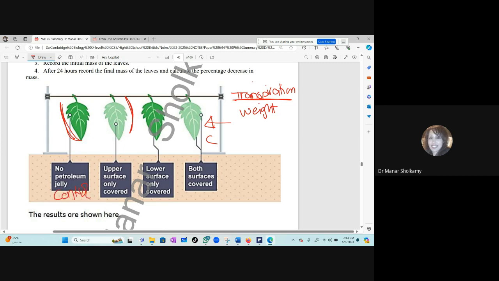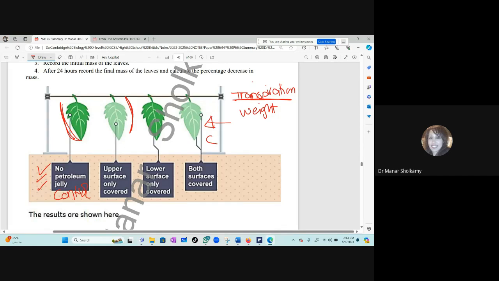Now, we will measure the mass of the leaf before the experiment, and then I will add my Vaseline, and then I will hang it like this for a few hours, and then I will measure the final mass. Which plant do you think will lose the most water or will have the greatest percentage decrease in mass? No petroleum jelly. Yes, it's not covered, so it will lose water.